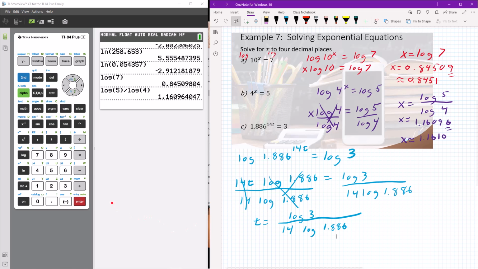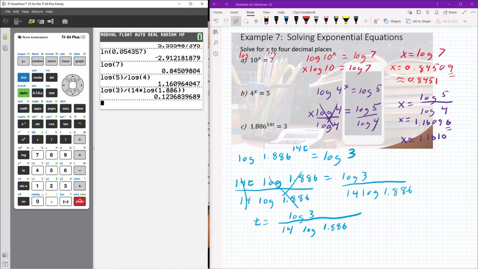The way we're going to do this is log 3, close the parenthesis, divided by, open a parenthesis, because we want to make sure we have the product of this in the denominator, 14 times log 1.886. Close the first parenthesis, close the second parenthesis, and there we go.